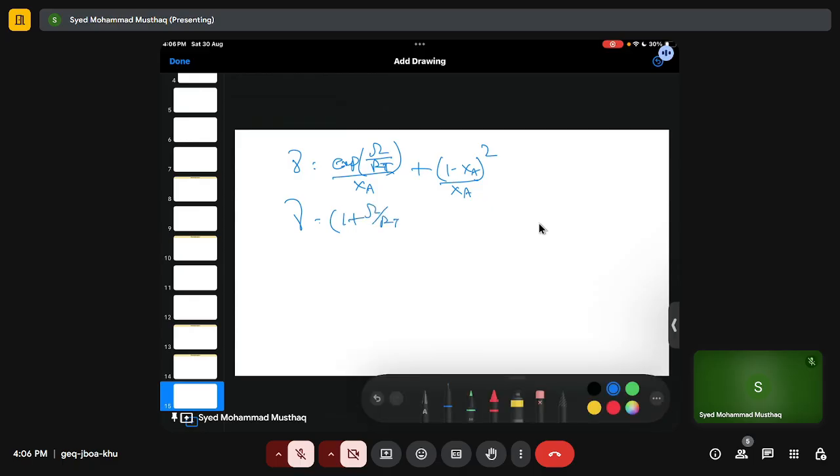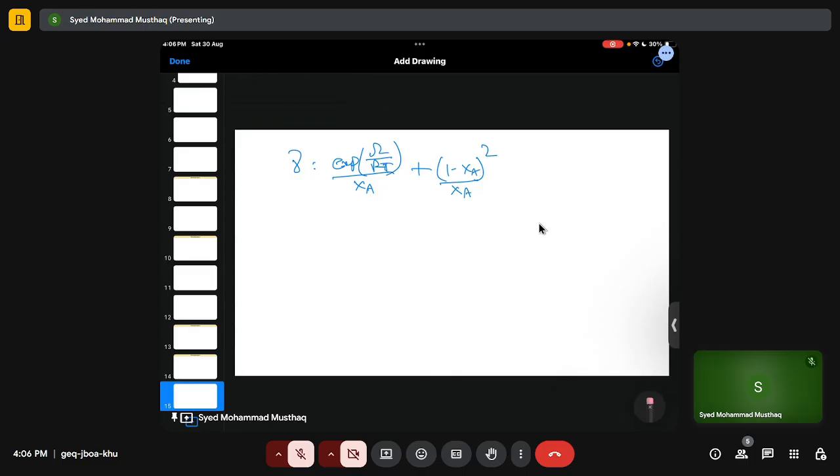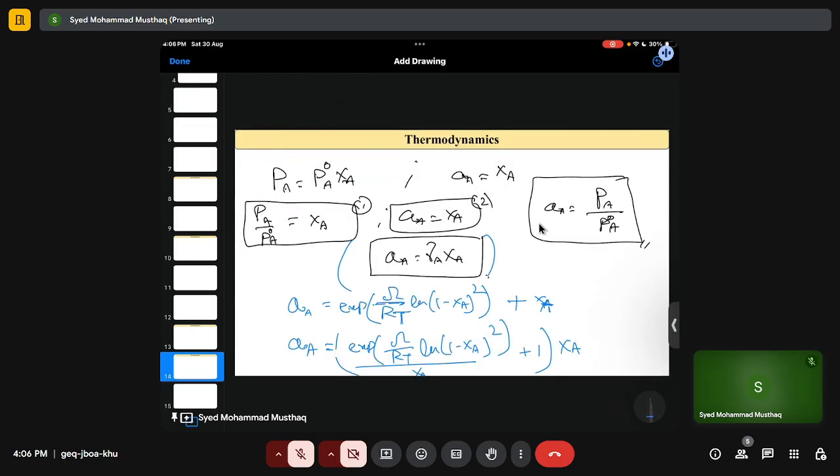So this is my activity coefficient of A, by comparing those terms.